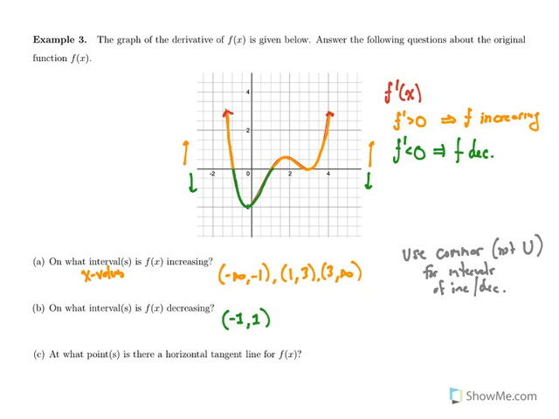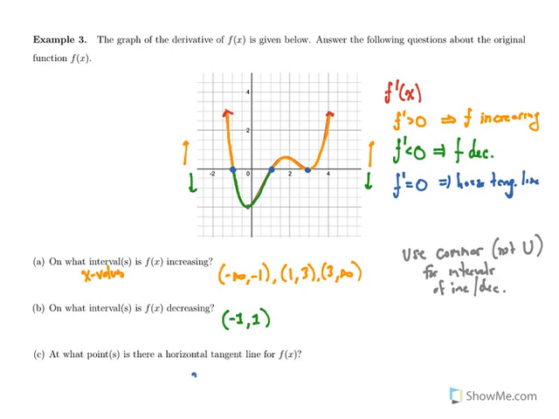Last question, at what point is there a horizontal tangent line for f of x? And those are going to be the points where the derivative is equal to 0. That's where we have a horizontal tangent line.